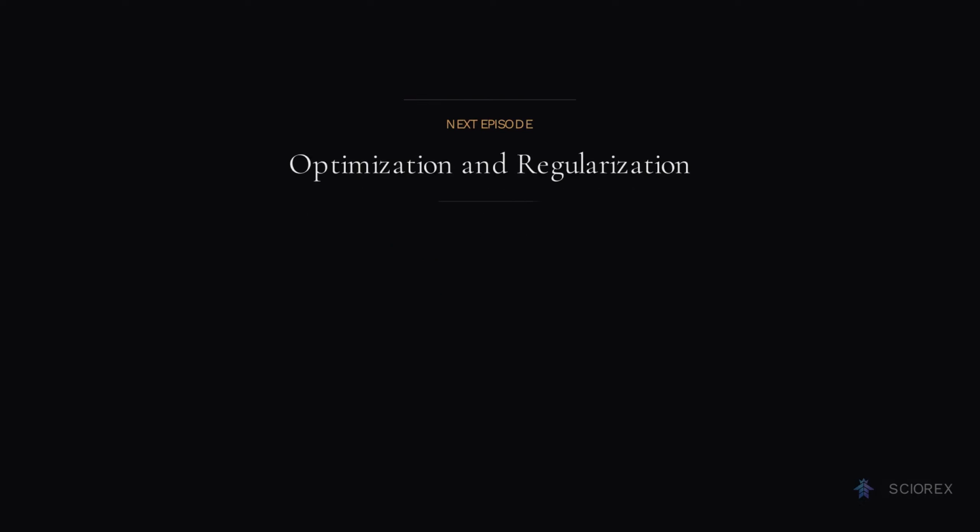We have now reached an interesting crossroads. We know how to build models, episodes 2 and 3, how to train them, episode 4, and how to evaluate whether they actually work today. The missing piece is practical. How do we train models that generalize well in the first place? In episode 6, we tackle optimization and regularization.